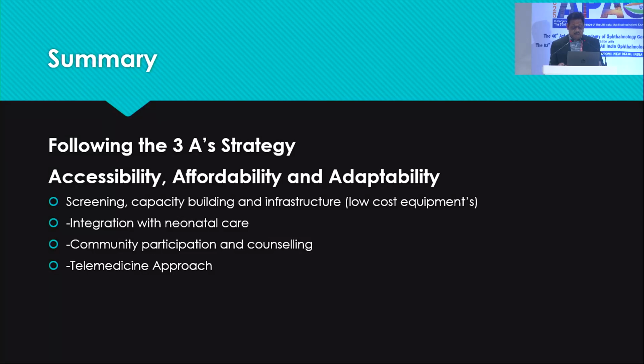And community participation and counseling is, of course, the crux of the management of retinopathy of prematurity. And the telemedicine approach is very much required for a country like ours and many other countries where healthcare is not able to reach the rural areas.